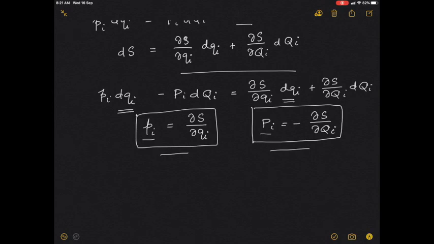Well, it turns out in this form, when I write S, I get these two relations: the small pi, which is the old canonical momenta, is given by the partial derivative of S with respect to the old coordinates. The new momenta is given by the partial derivative of S with respect to the new coordinates.